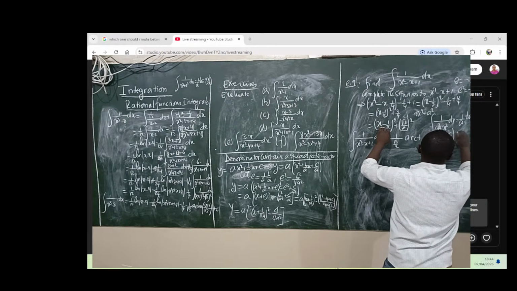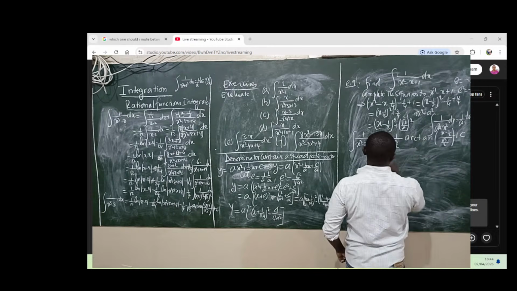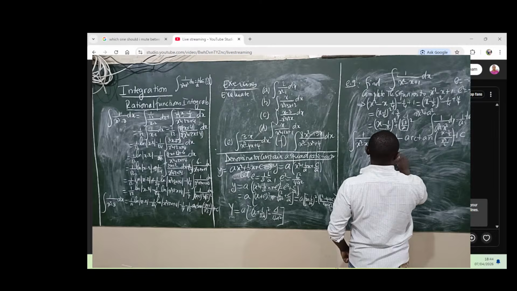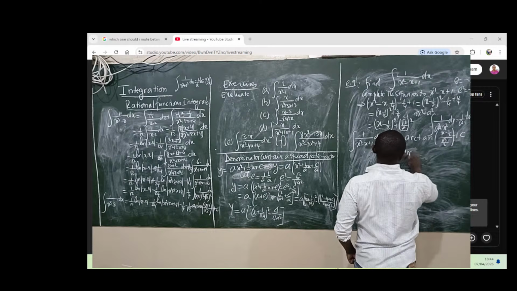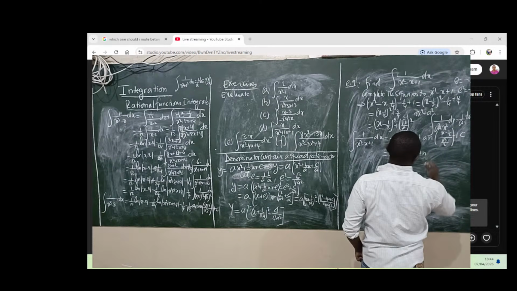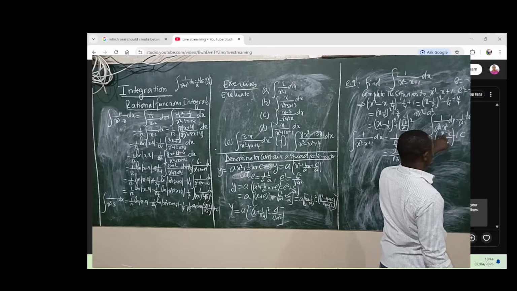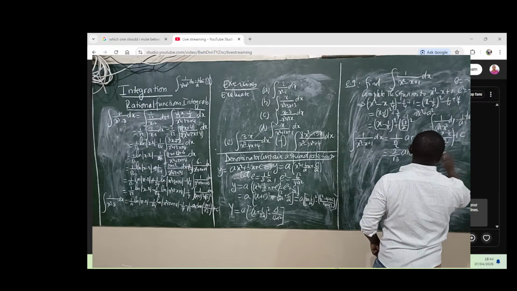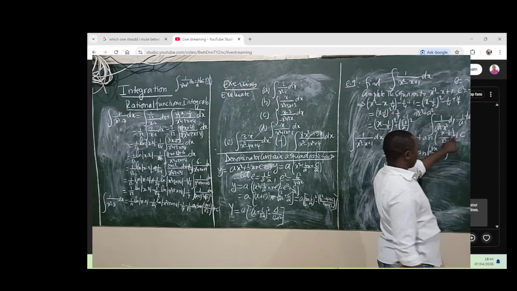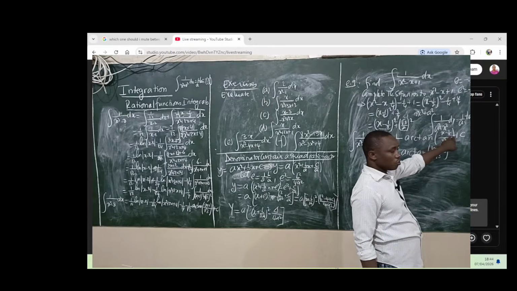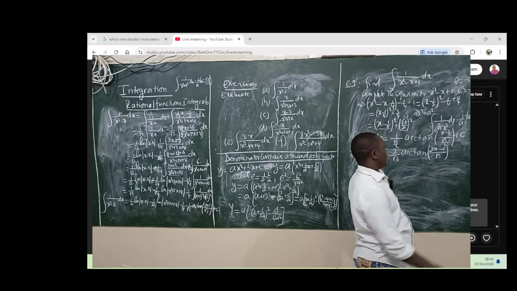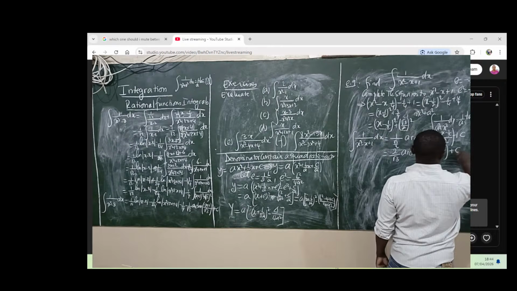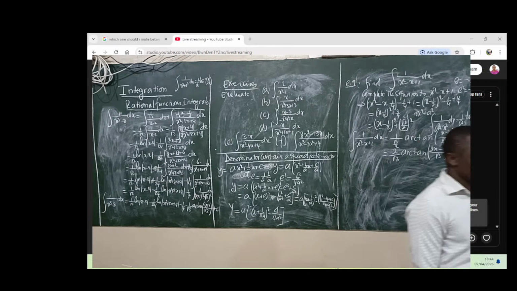This is the same as 2 by root 3 times arctangent of 2x minus 1 divided by the square root of 3. The common denominator here will be 2, and this 2 simplifies this one, plus a constant of integration. That is one of the examples.